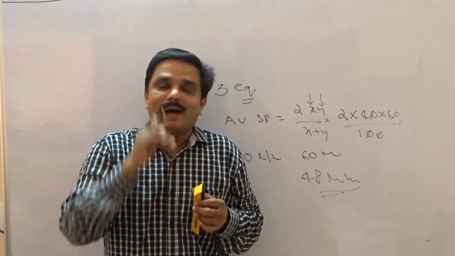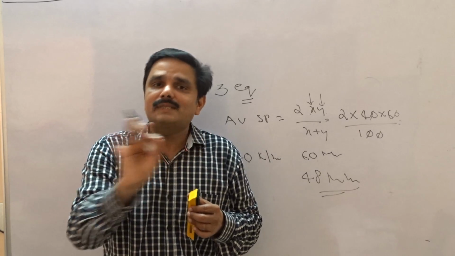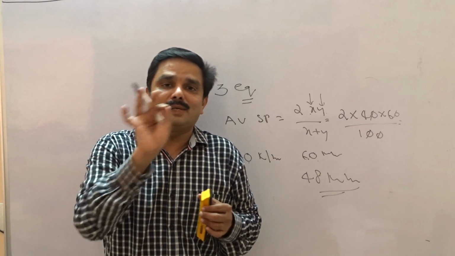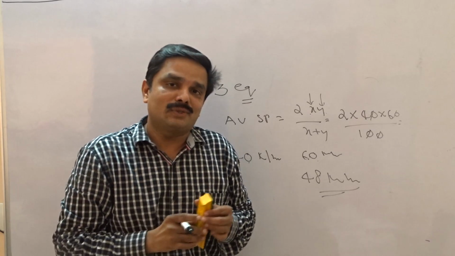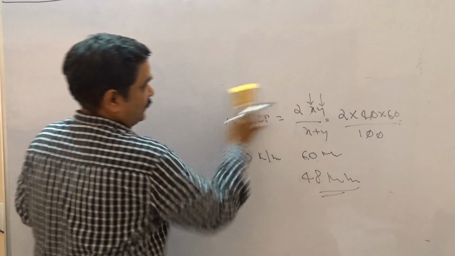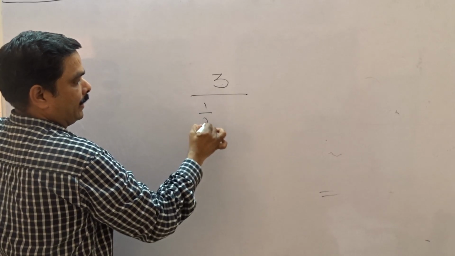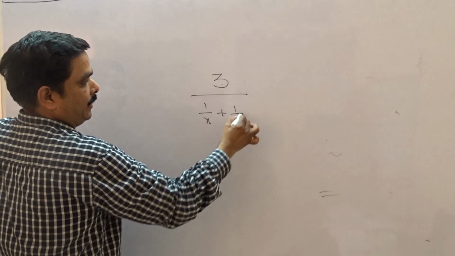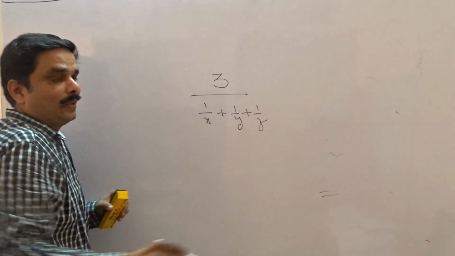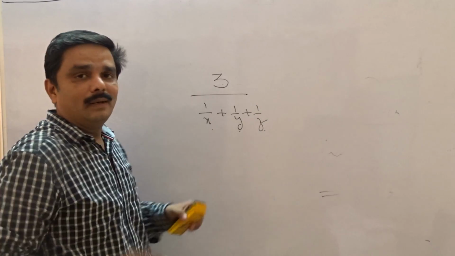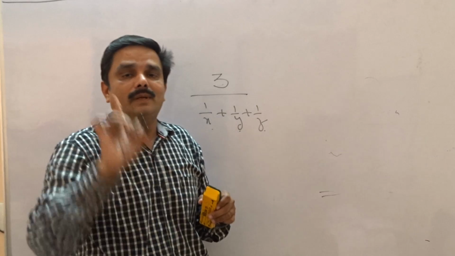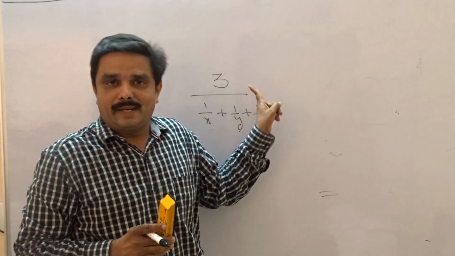In this case, we need not waste our time calculating total distance by total time. Simply, when three equal parts are there, there is a direct formula for us, that is 3 divided by 1 by x plus 1 by y plus 1 by z, where x, y, z are the respective speeds for the journey. You can get the direct answer.